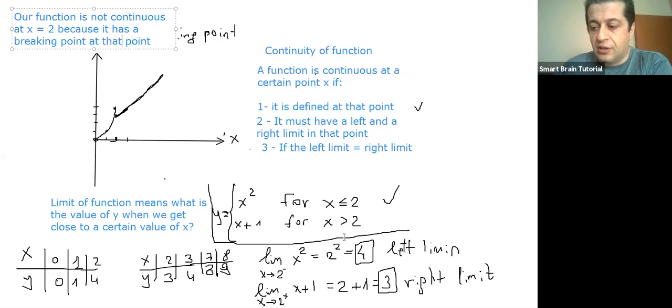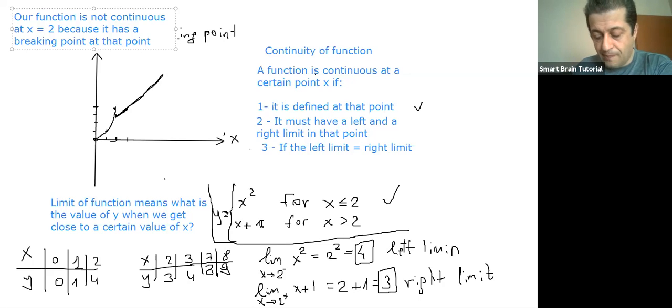From 2 and below 2, we have x squared as a formula for this function, but for values greater than 2, we have a different formula for the function. We have x plus 1.